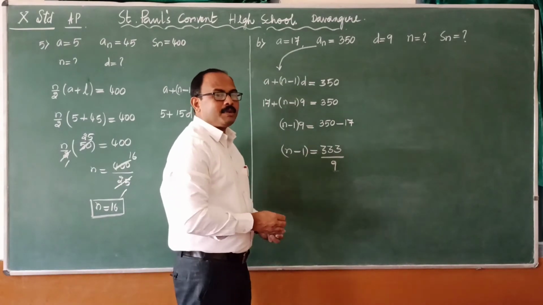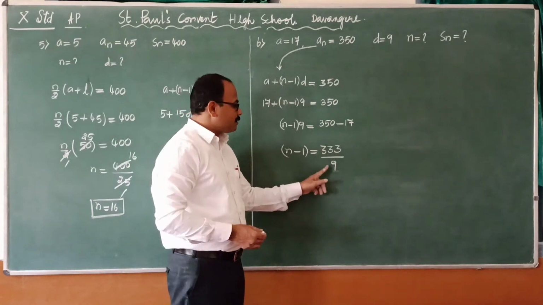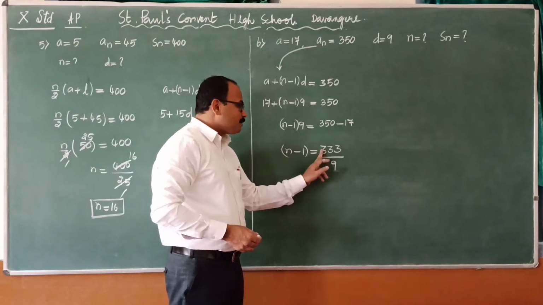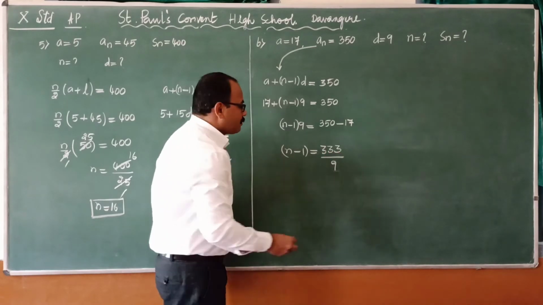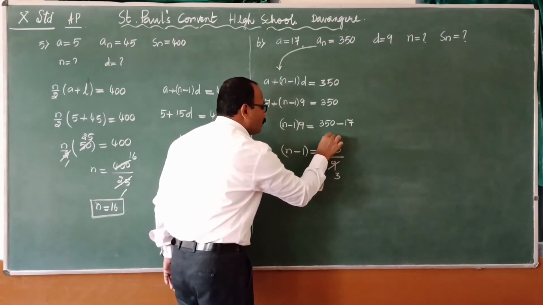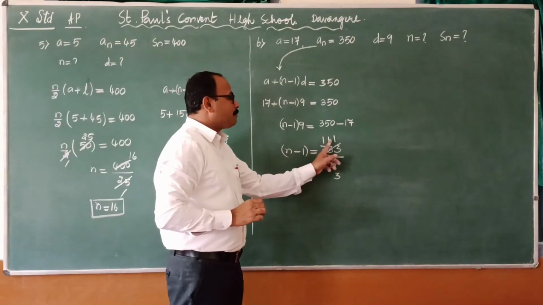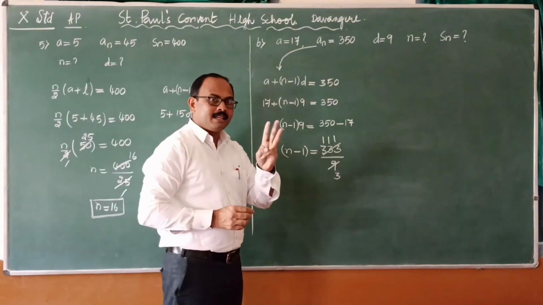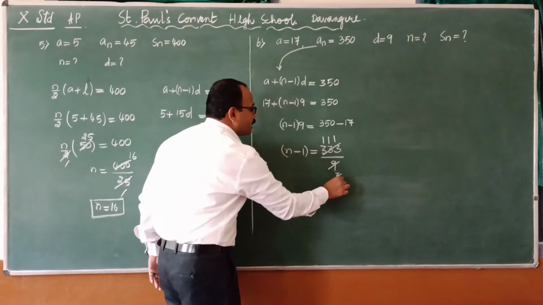Now we shall check whether these two numbers are divisible by 3. This is divisible by 3: 3 plus 3 plus 3 comes to 9. This is also divisible by 3, 111 times 3. 333 divided by 3 is 111, and 9 divided by 3 is 3. 111 is again divisible by 3, 37 times.